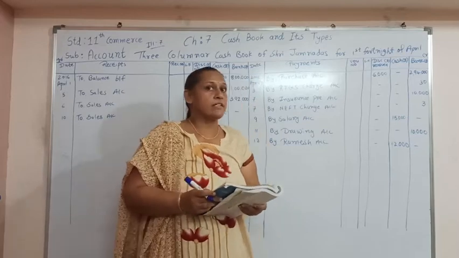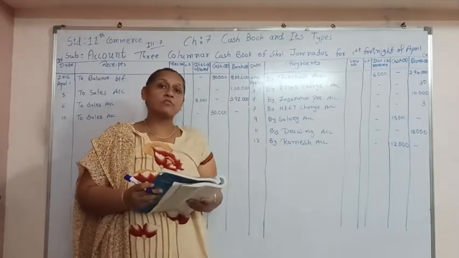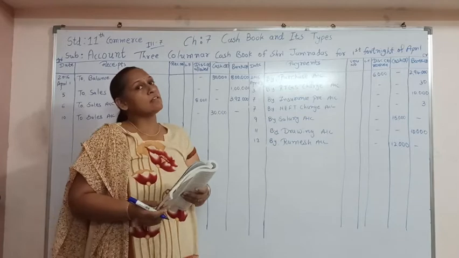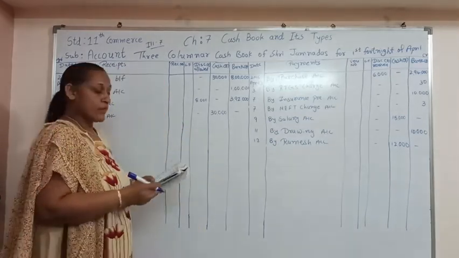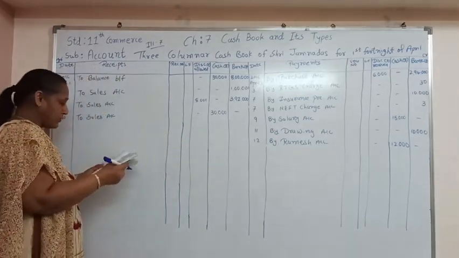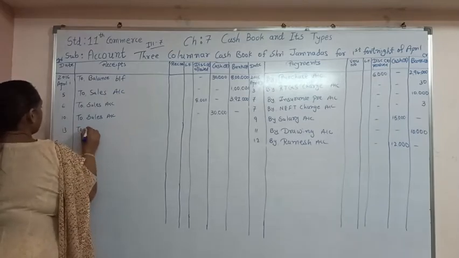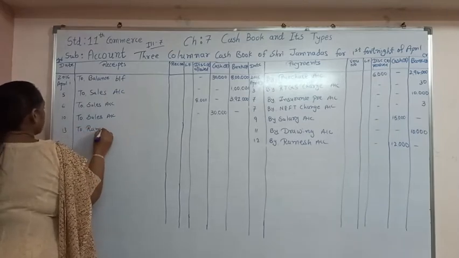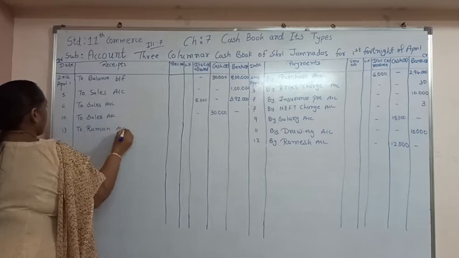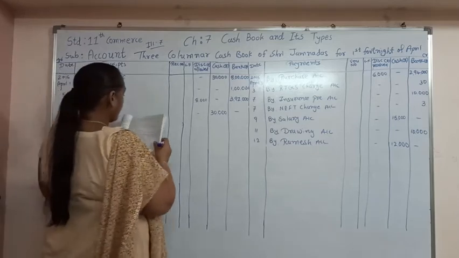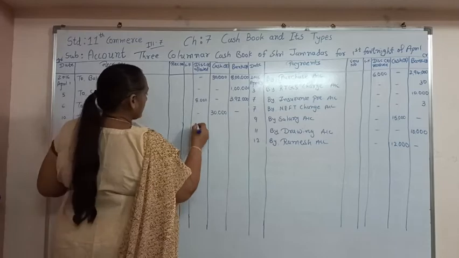Bank has credited. From Raman we had to take the money, and that amount is paid by him through NEFT. So for that, on 13, to Raman account, and the amount will be 22,000.